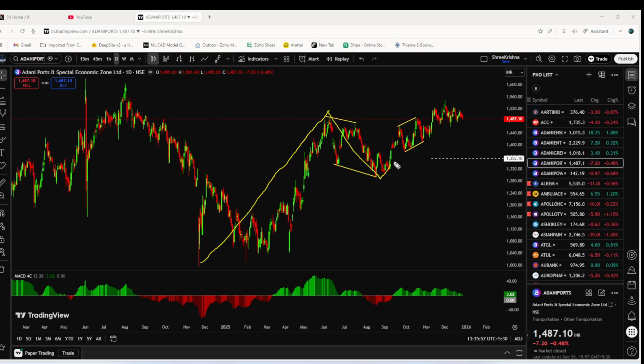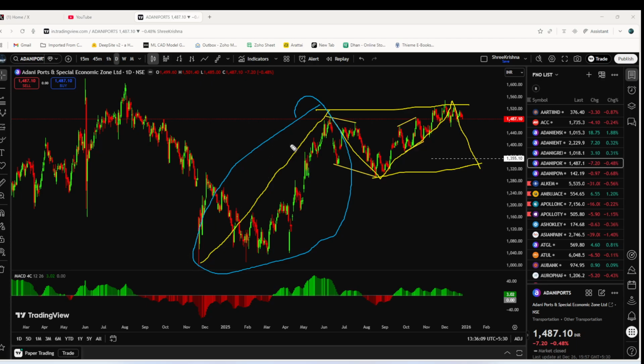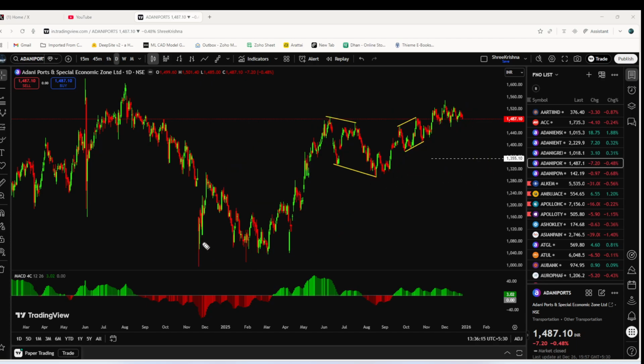So we need A, B, and C in relation to this. Let me highlight this strong move. We need a correction for this move in relation. So the pattern has to be this big. See, there is a relationship between the momentum and the pattern. So now the pattern will be like this. It will come down and then go up.